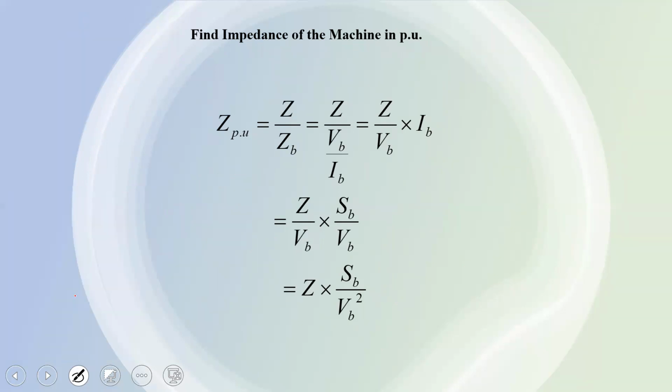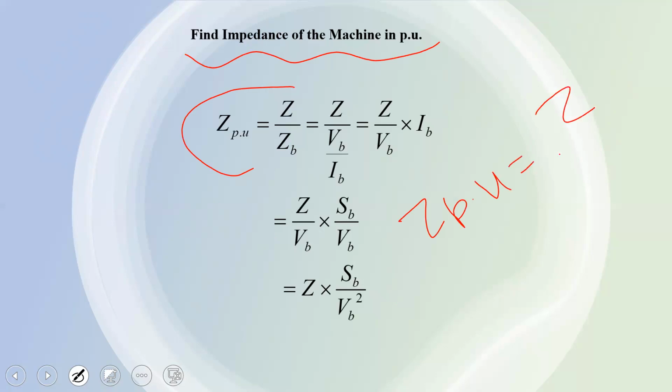So suppose the question is, find the impedance of the machine in per unit. According to the definition of the per unit system, the impedance in per unit will be its actual value divided by the base value. So it is written here.